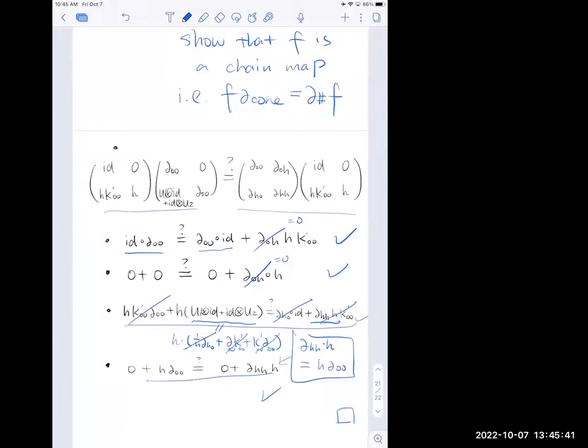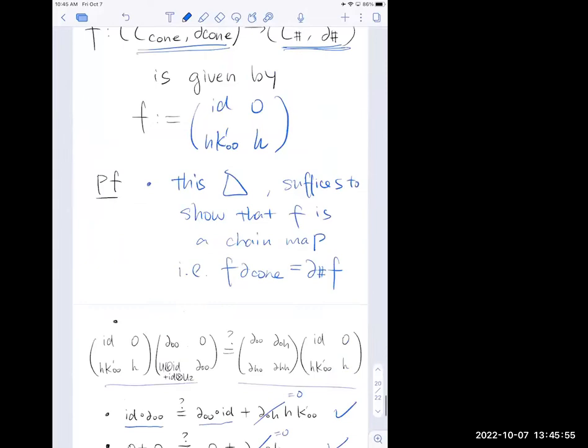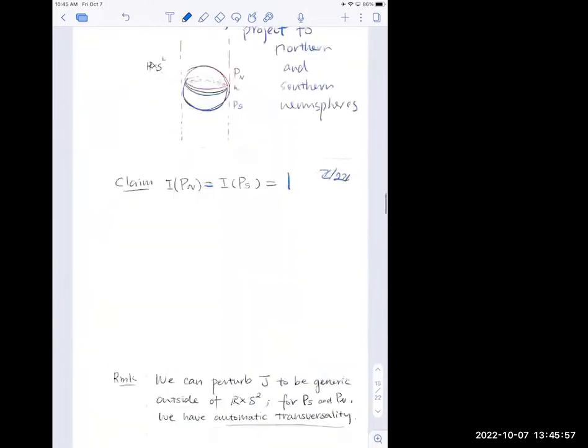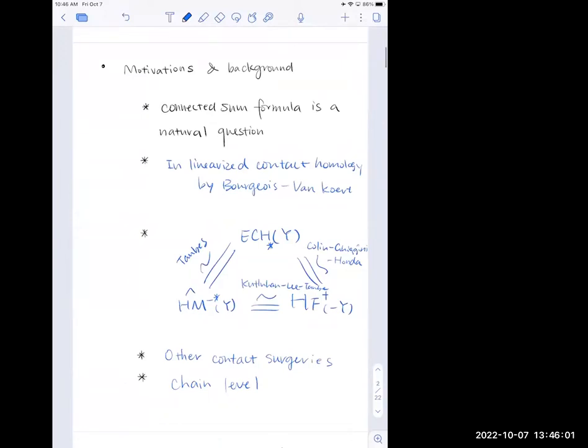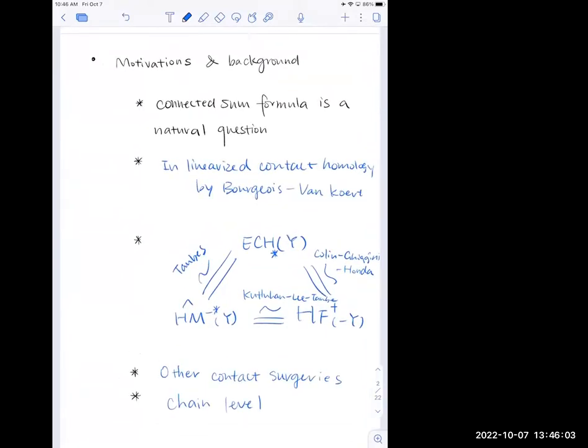Yeah, can I ask a question? Go ahead. So at the beginning you said there is an equivalence between embedded contact homology and monopole Floer homology, and is this connected sum formula compatible with these isomorphisms?